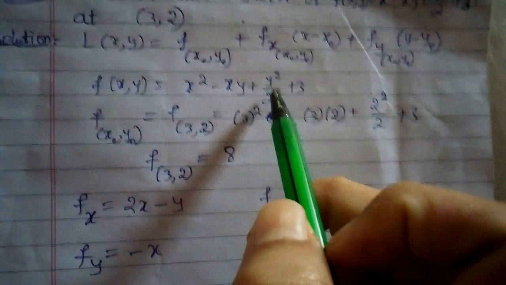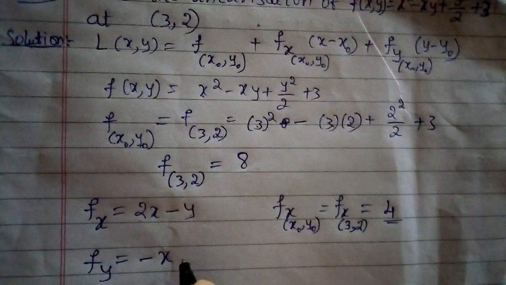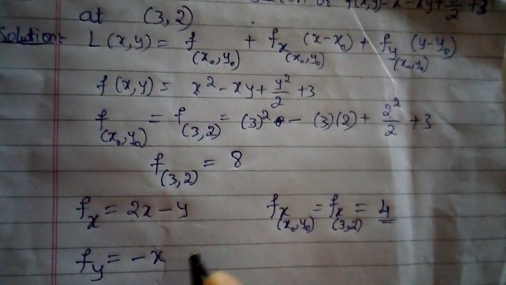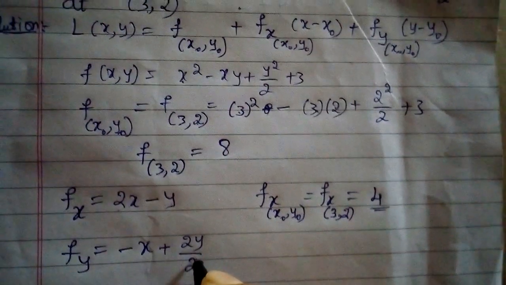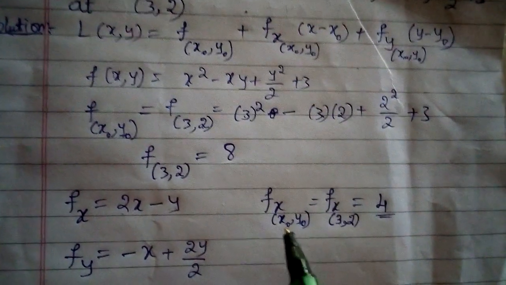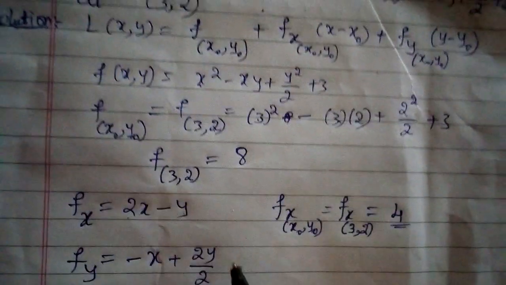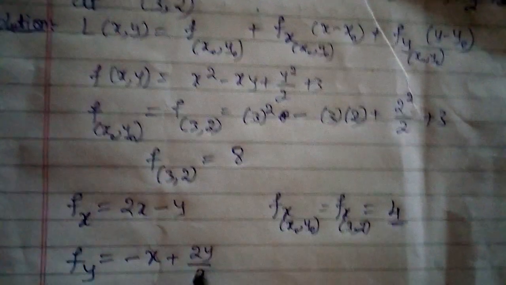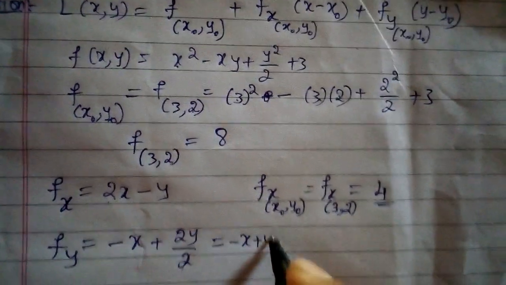Partial differentiation of y²/2 with respect to y becomes 2y by 2; 2 cancels and y remains. Partial differentiation of 3 with respect to y becomes 0. So we get −x + y.